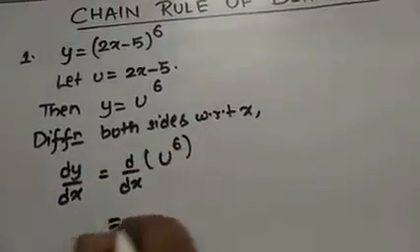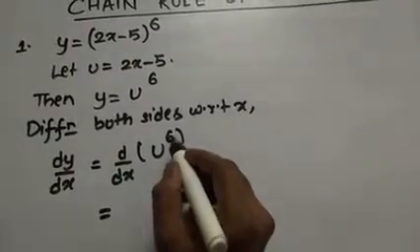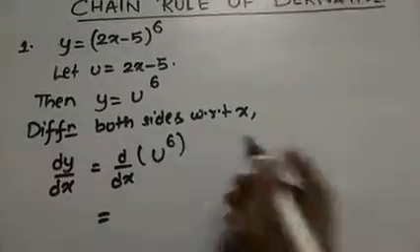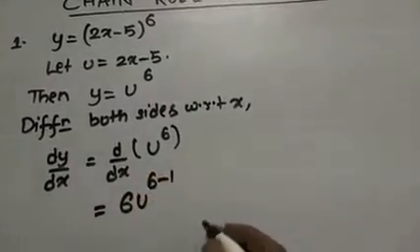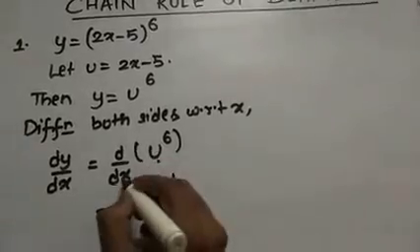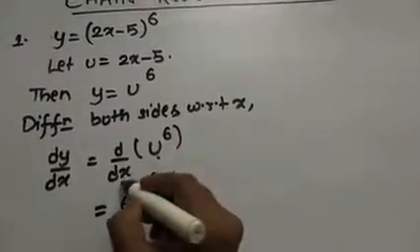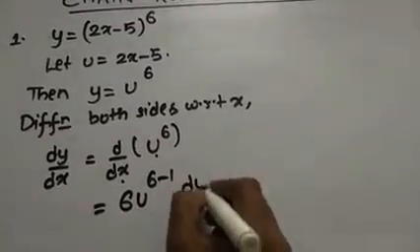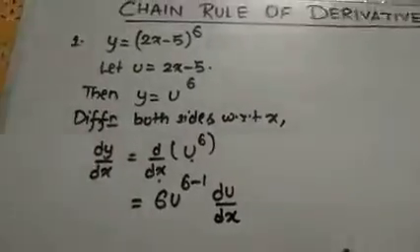Now, power means x to the power n, same formula, that is n x to the power n minus 1. So here it is 6 u to the power 6 minus 1. Now again this is u, this is x, they are not the same, so we will further differentiate u with respect to x.